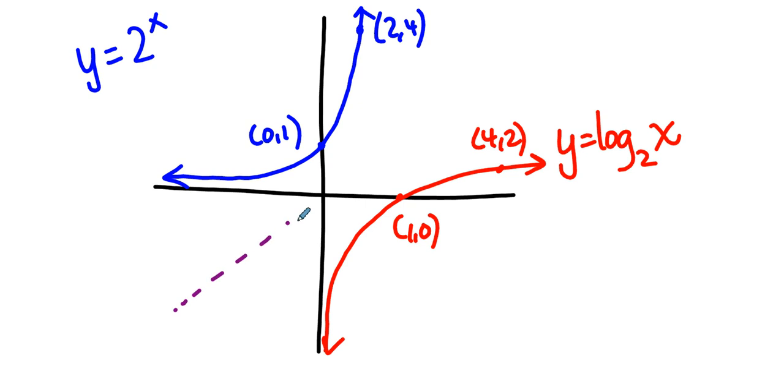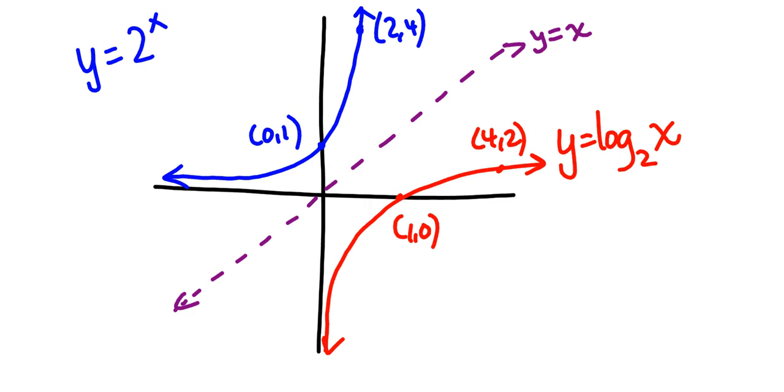And these graphs are mirror images over y equals x, because the way we got them was to treat them as inverses of each other. When we swap x's and y's for each other, as we do when we convert from logs to exponents and back and forth, we reflect over y equals x.